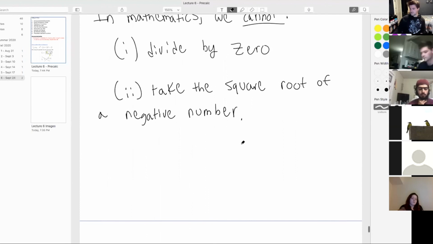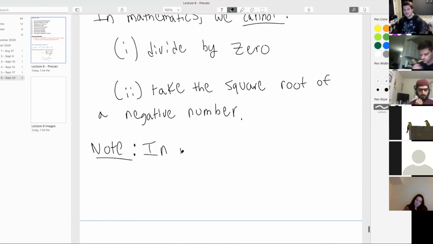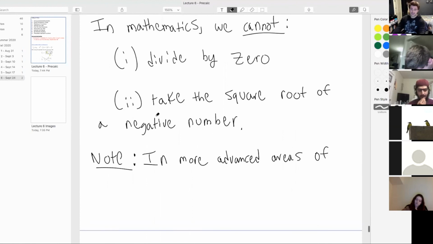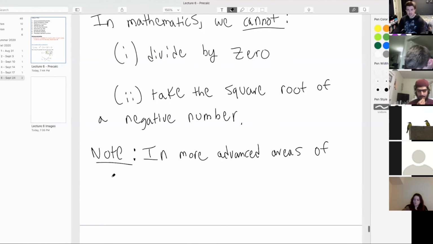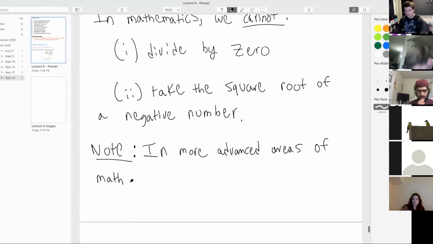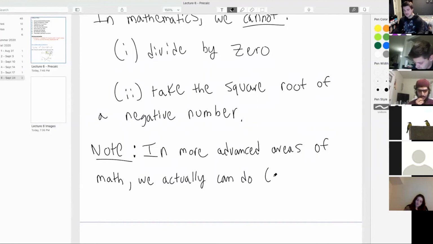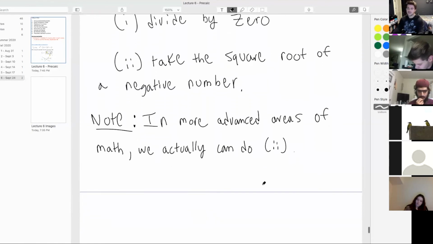Okay, so we're just going to disallow that. All right, so let me just write that quickly. I just want to say that 2 is not impossible. In more advanced areas of math, we actually can do 2, meaning we can take the square root of a negative number.